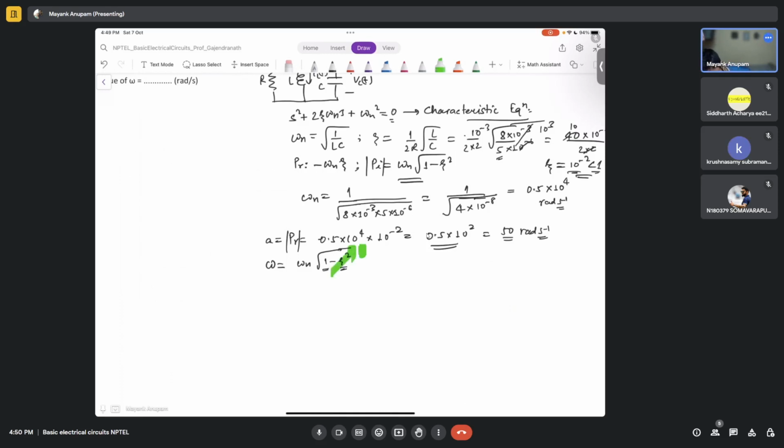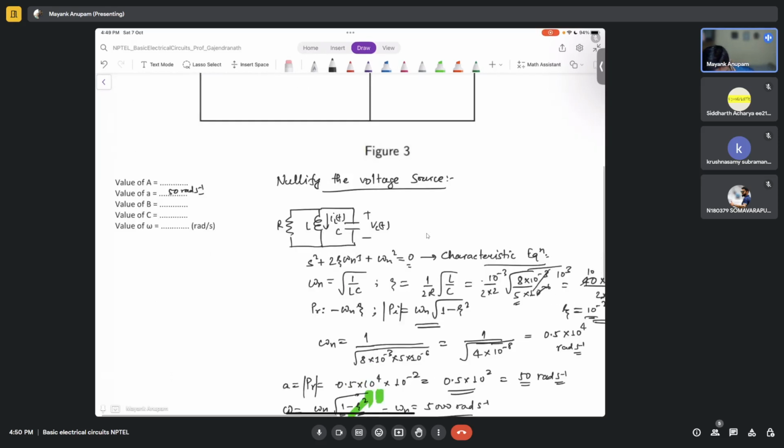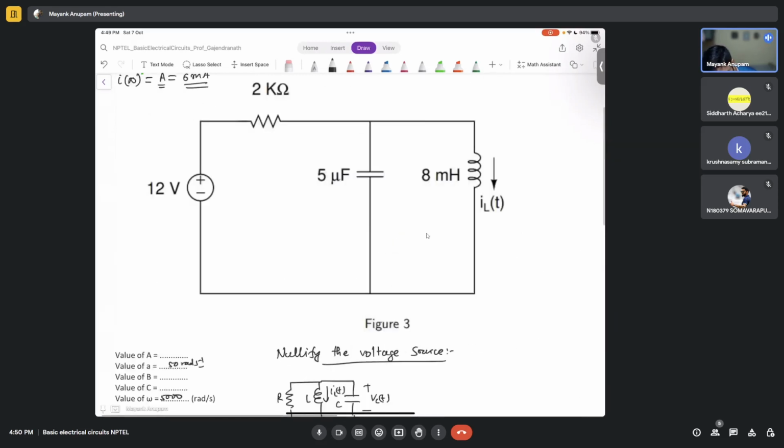It will simply be equal to omega n. So omega n is equal to 5000 radian per second. So omega is also equal to 5000 radian per second only, right?